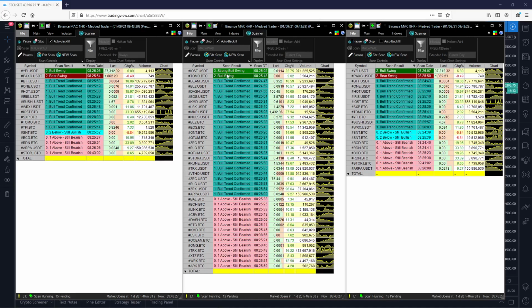They are just as valid as the number 2, the bull swing. The only reason they're a less important condition for me than the number 2s is because a lot of times the strong bull swings can be really risky trades.